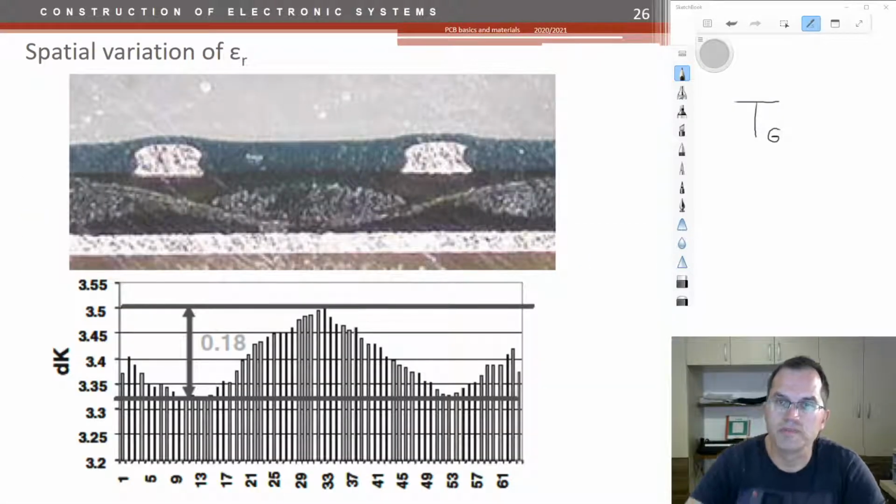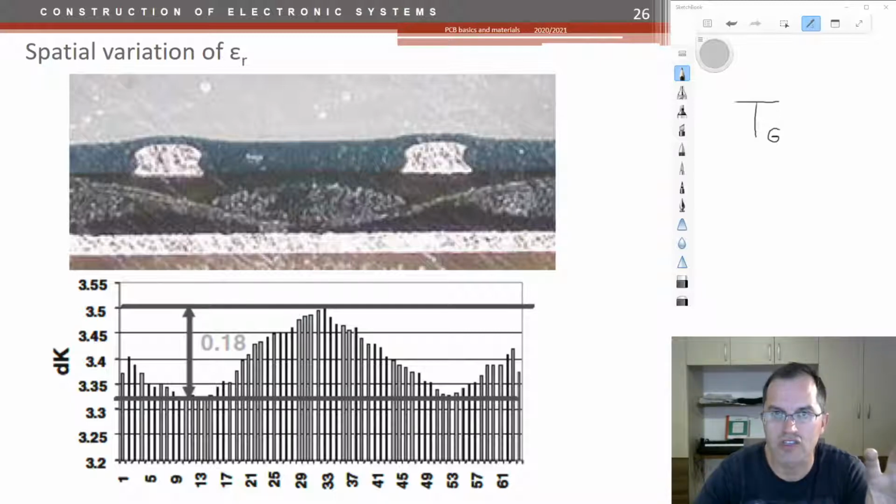And it's not just a problem of the material composition, it's also spatially different. You see here that if your track is over the glass fiber, or next to the glass fiber, it's different.